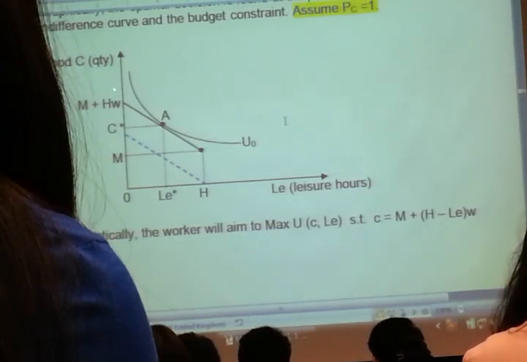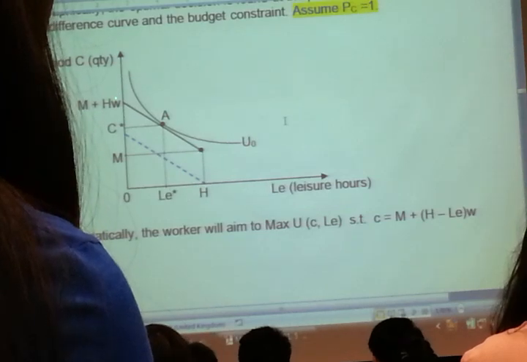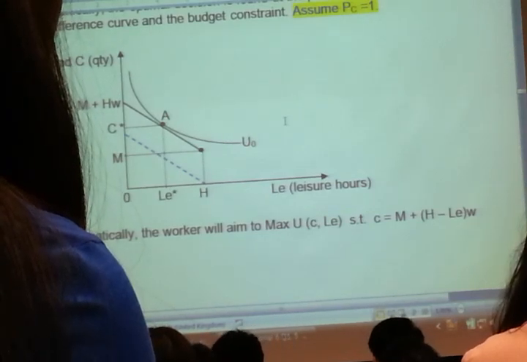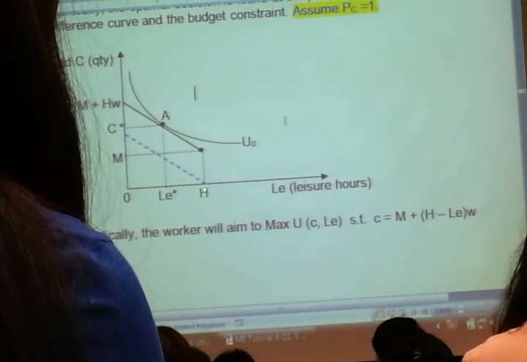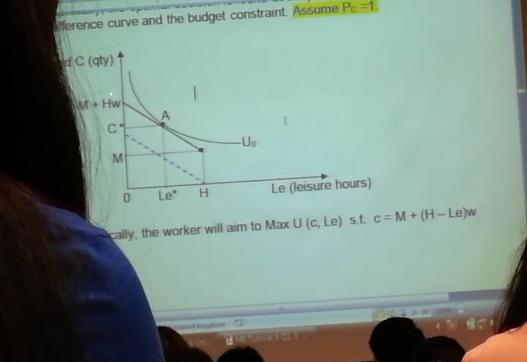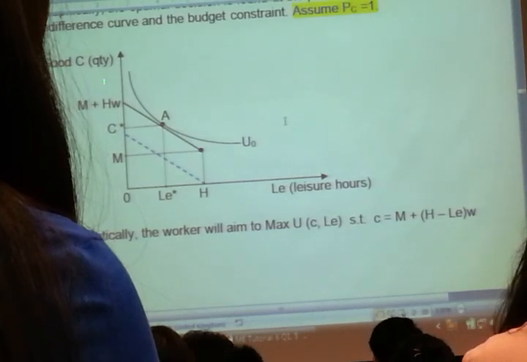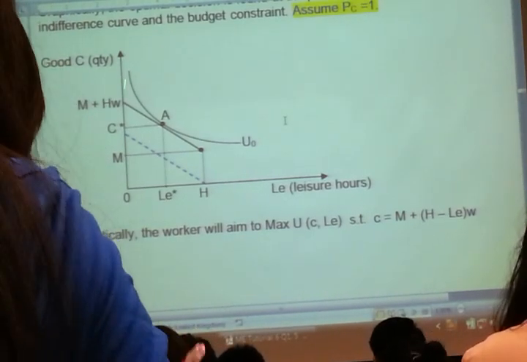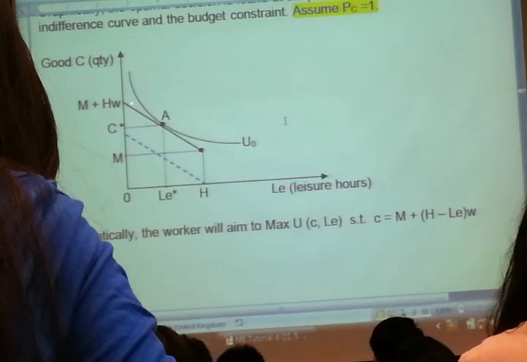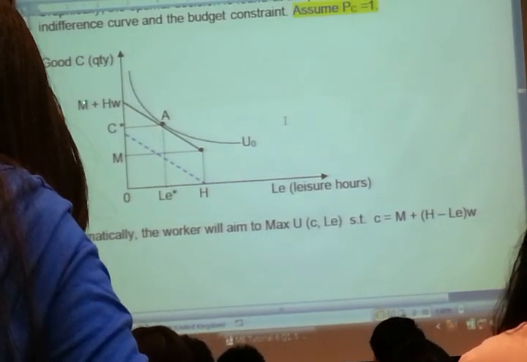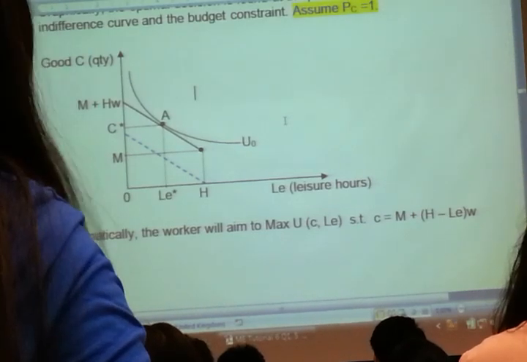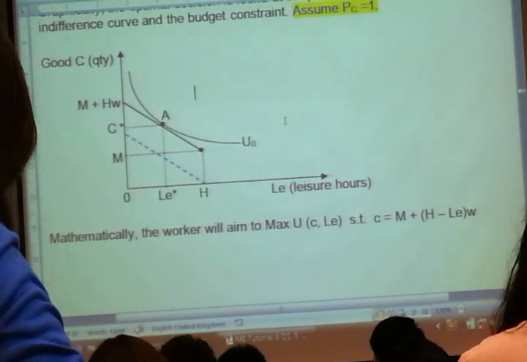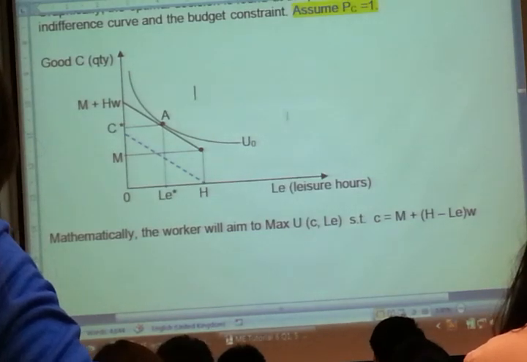H hours. Right, H hours. Because you either work or have leisure. So here leisure is 0, that means you must be working all your full H hours. How much do you earn? H hours, 24 hours, times the wage per hour. This will be your earned income. This will be your non-labor income from something else. So here your total income is this.